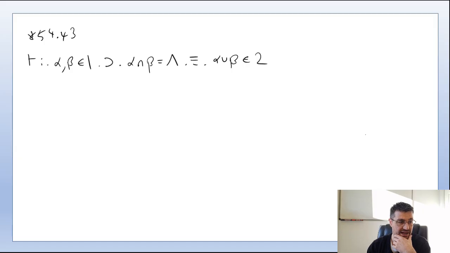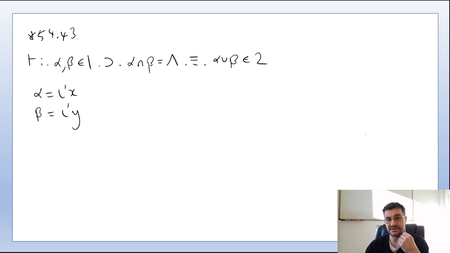Okay, so if we know that alpha and beta are members of the class 1, then alpha must be some unit class corresponding to some object x. In other words, alpha is that class whose only member is x, and beta is the unit class of some object y.